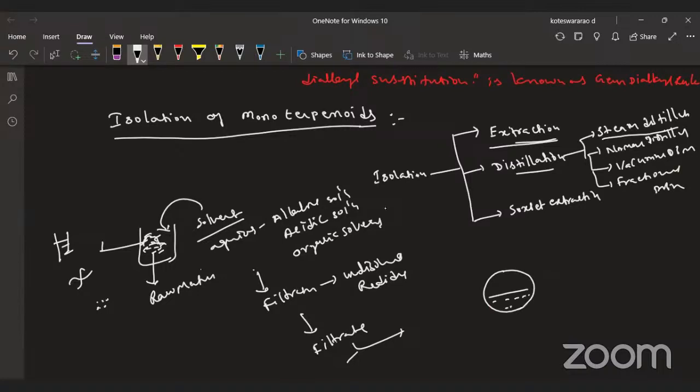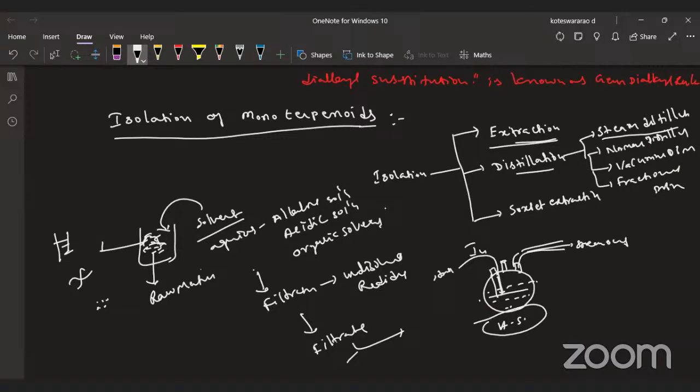This raw material is filled with water. You heat it with a heat source, and at the same time we are passing steam. The steam moves through the water solution, then exits. This is steam in, this is steam out.